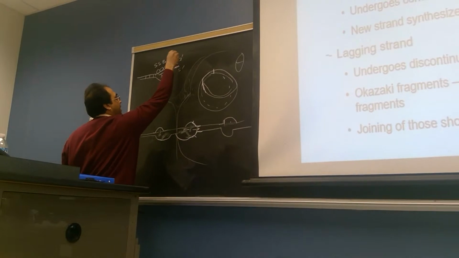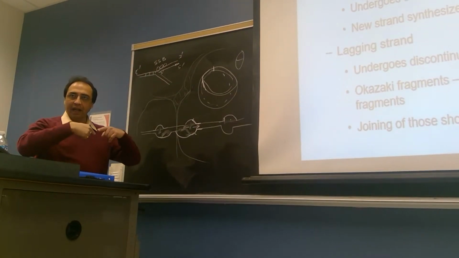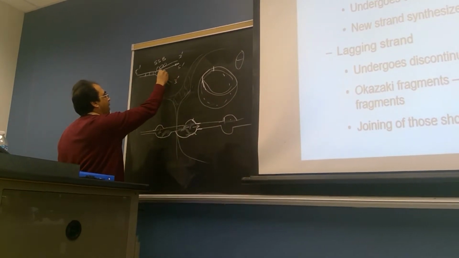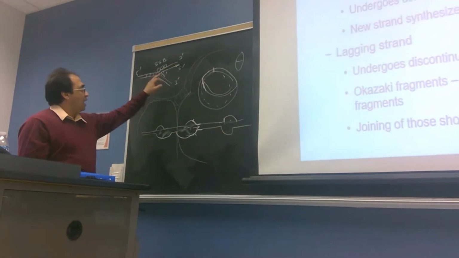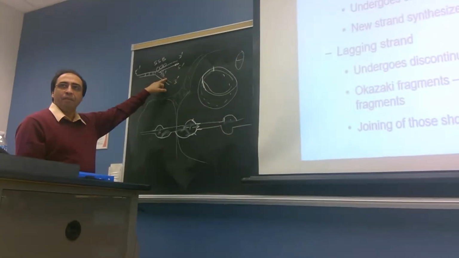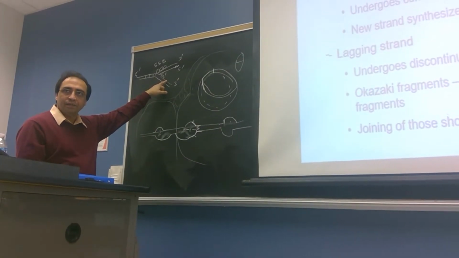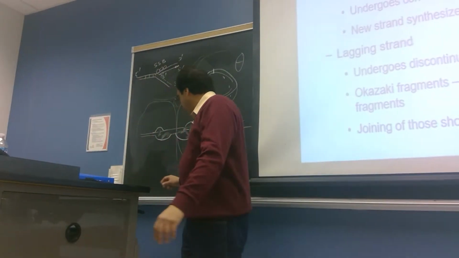That means this is 3', this is 5'. The opposite sequence, anti-parallel sequence. And here it is 3', it is 5', that way. But if here it is 3', 5', then how will the DNA synthesis happen? There is no way. This is another problem here.